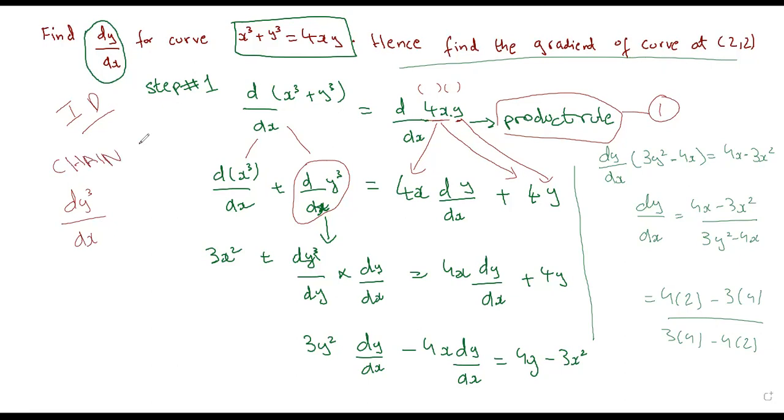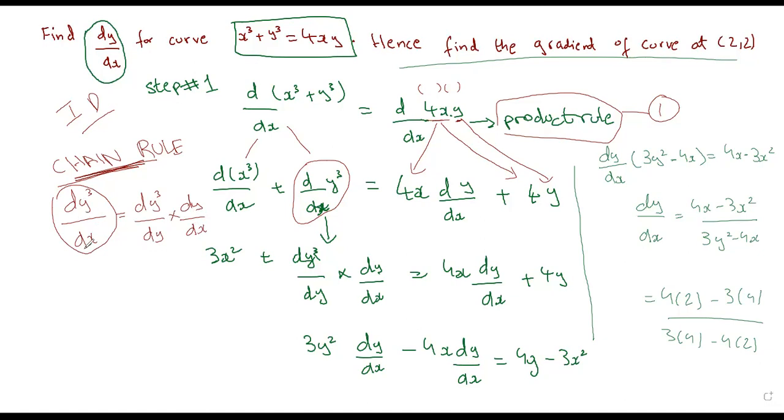Remember, whenever you come across such a case, you need to use the chain rule. And what is the chain rule? You need this type of thing. You cannot differentiate it directly, but you can differentiate it with respect to y, and to get this, you need to have a dy over here and a dx over here. This is how you apply the chain rule.